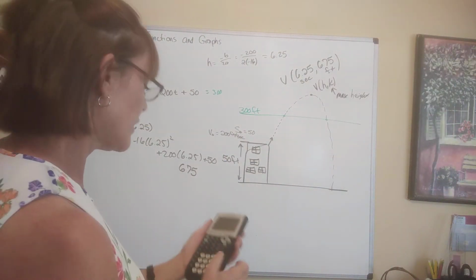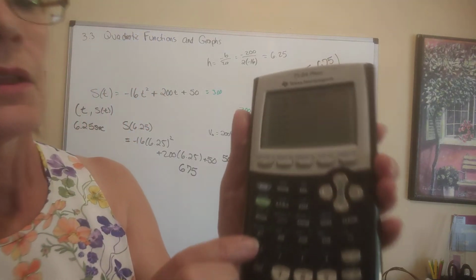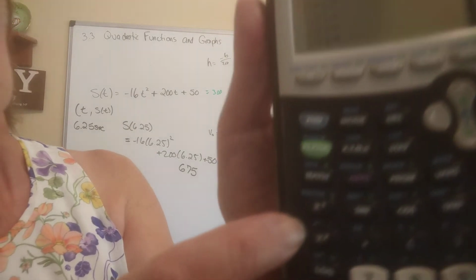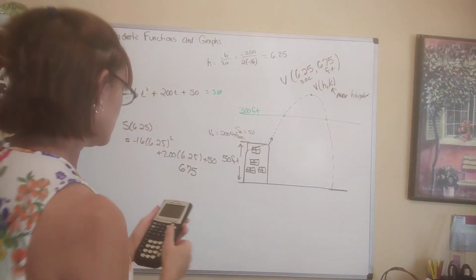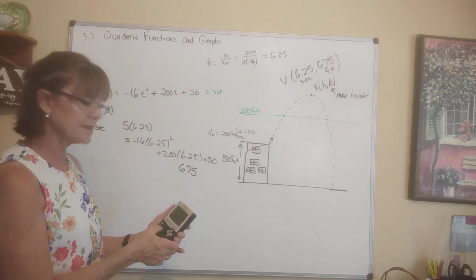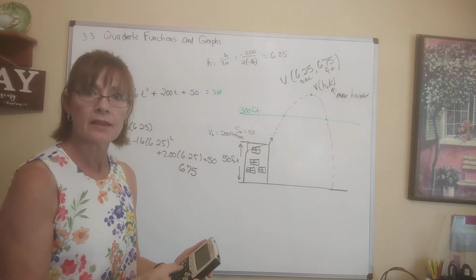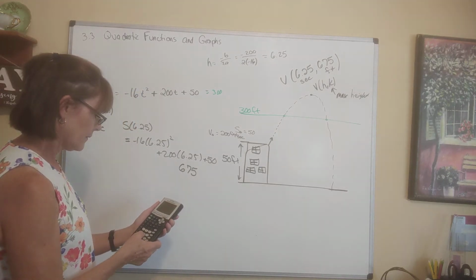If it's squared, you can either use the caret button and then 2, or you can simply hit the x squared button, which is what I just did. Then I want to say plus 200 times that same X, T, theta, n button, plus 50.